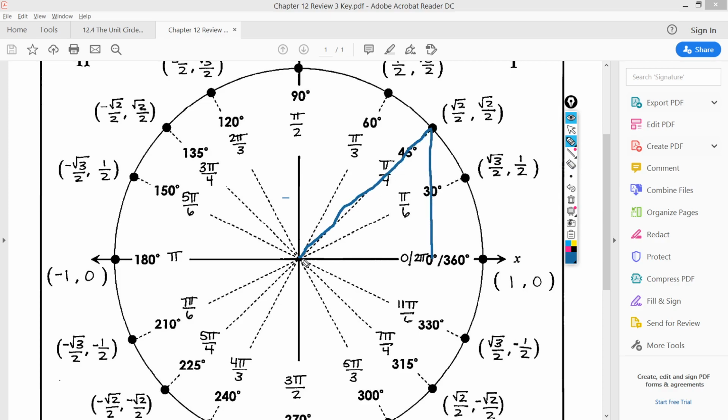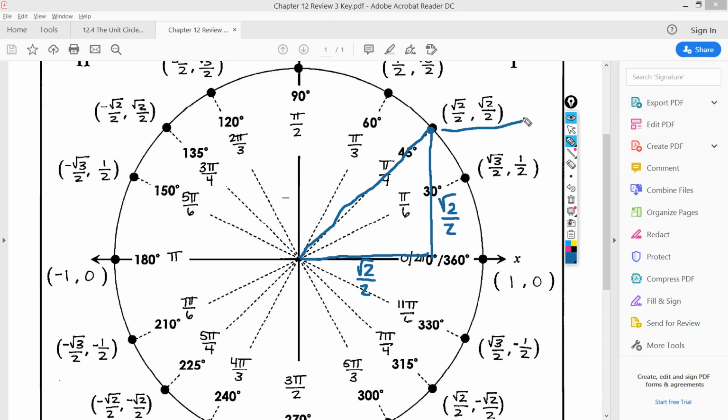The coordinates of this point are root 2 over 2 comma root 2 over 2, that's also the x and y coordinates. So the length of the base of this triangle is root 2 over 2, and the height of this triangle is root 2 over 2.